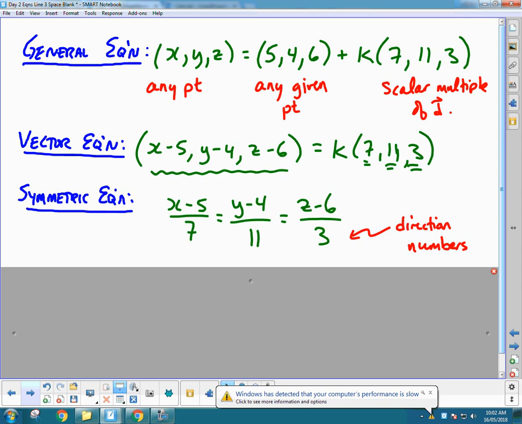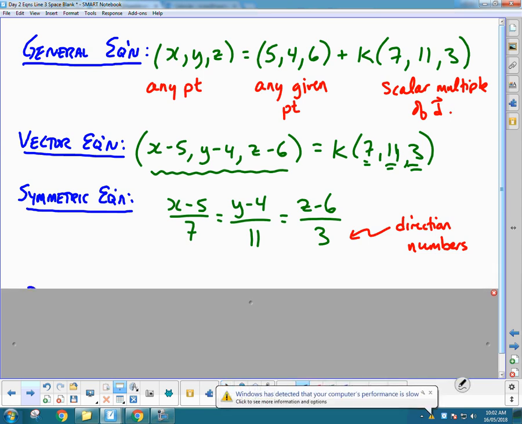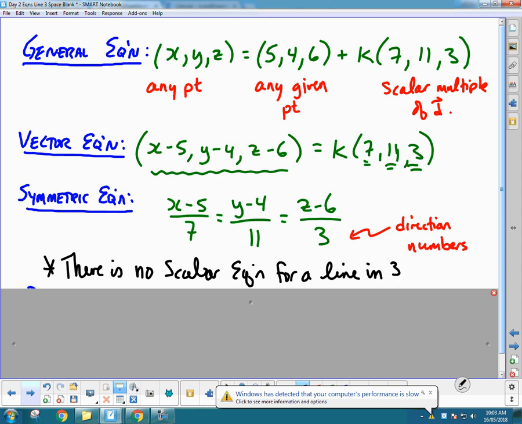Now, if you are following along from yesterday, the next one we looked at was not the general equation, but the scalar equation, or the standard form of the equation. That came from cross multiplying. Well, now that we have three situations, we can't do that. So there is no scalar equation for a line in 3 space.